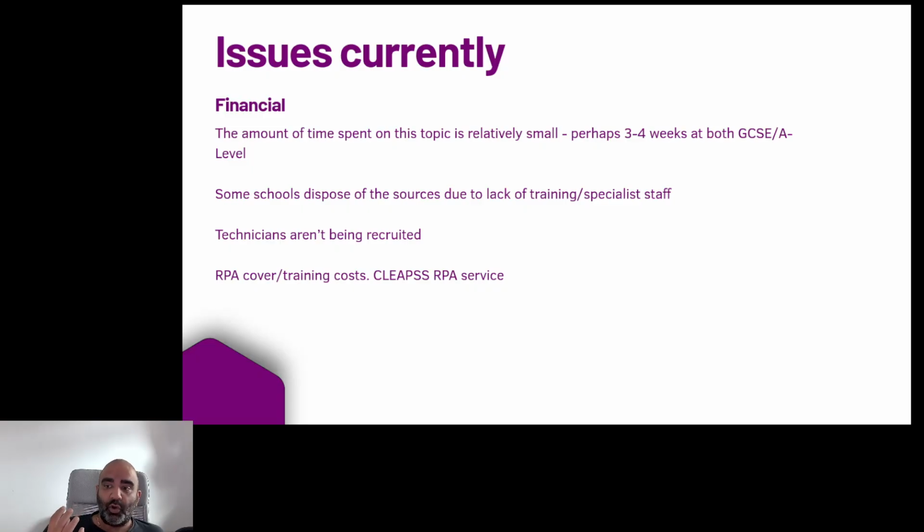This font of knowledge will no longer be there, and it's going to cause the teacher to basically be flying solo and more reliant on just using the textbook or getting the kids to copy out a diagram, and that's quite a depressing state of affairs.